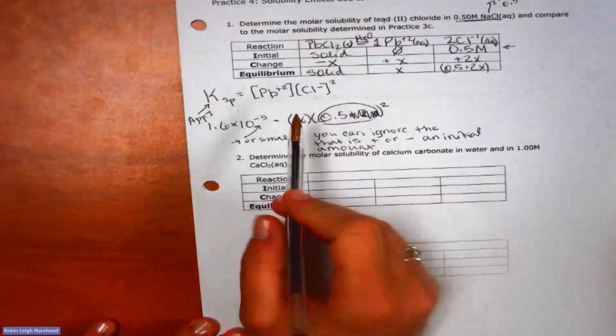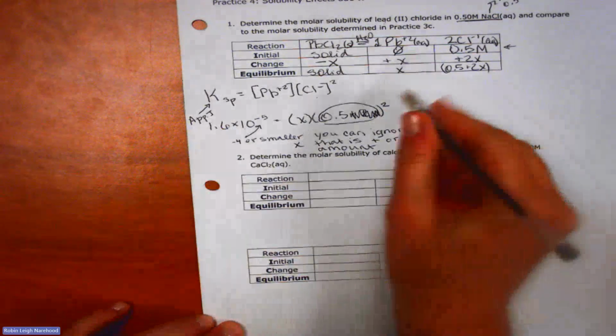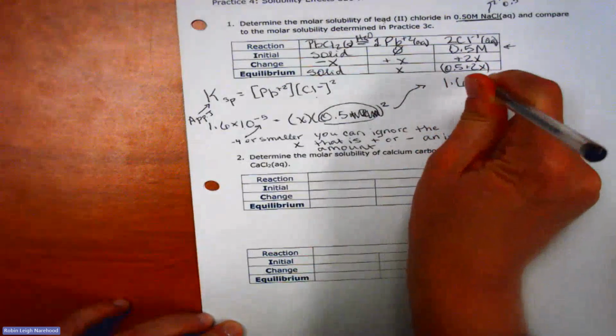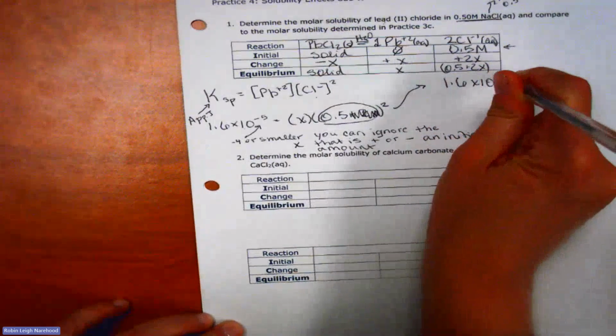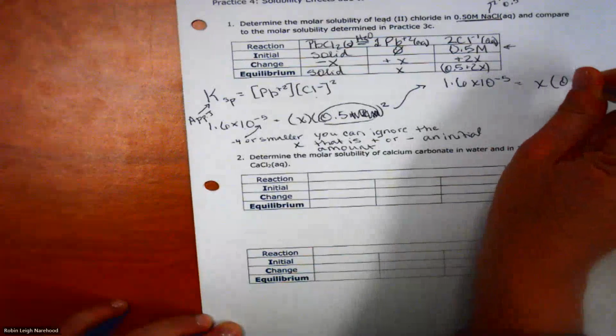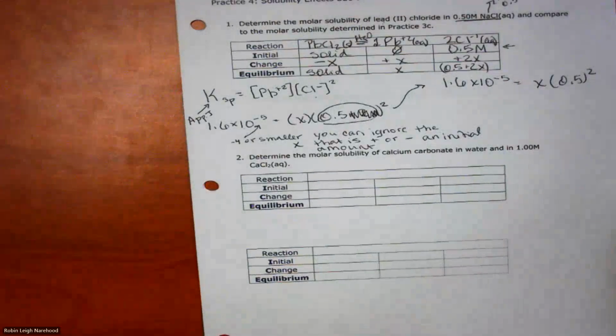That simplifies it to X times 0.5 squared equals this right here. So we get 1.6 times 10 to the negative 5 equals X times 0.5 squared. Then you just solve for X. X is still the solubility. X is still the change.